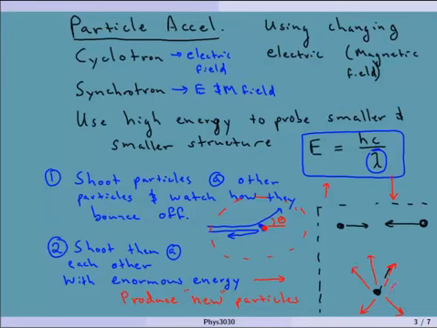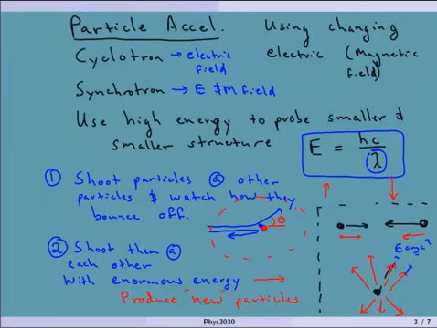In the first case, you don't really have enough energy to do this. In the second case, there's so much energy in these particles that, because of E equals mc squared, the energy of the particles gets turned into even more mass, and it creates all of these.